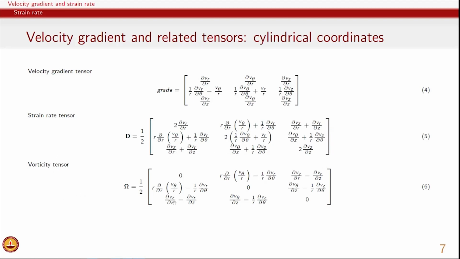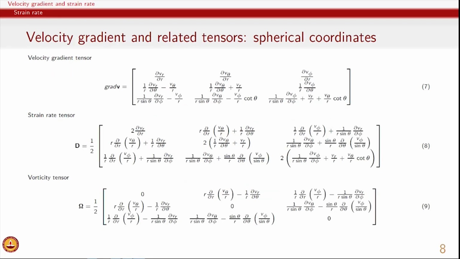And for the vorticity or spin tensor, the diagonal terms are of course 0, and the off diagonal terms tell us whether there is local rotation. The same set of terms can also be seen for a spherical coordinate system. And again, because of the r theta phi system, there are additional terms. However, conceptually, the terms in the velocity gradient indicate exactly the same thing.